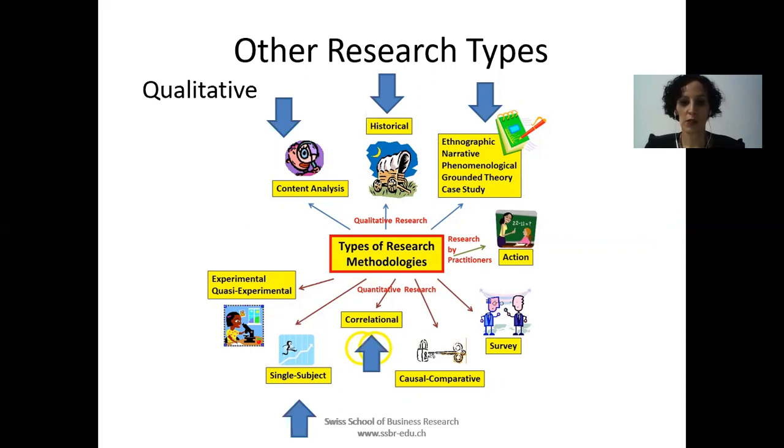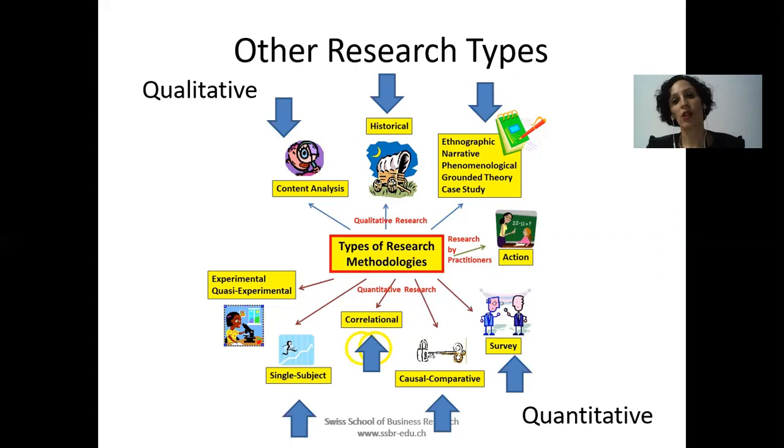And quantitative, as you can see here, is definitely based on numbers. It includes surveys, it includes causal comparative analysis, correlational or single subject analysis, but it's always quantitative research. We are looking for specific data that we can then break down into percentages, for example. Whereas with quality, we are not looking for numbers.